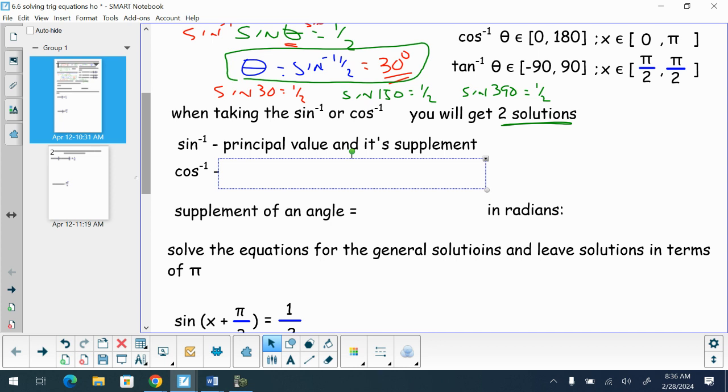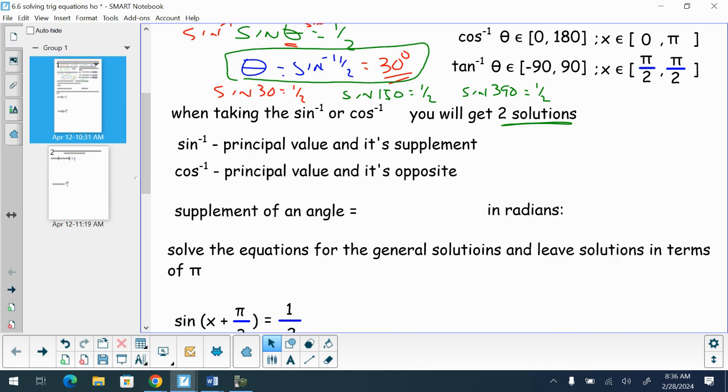When dealing with the inverse cosine, you have its principal value, but then you have the opposite of the principal value. You have the principal value and its opposite. That will give us our two solutions.